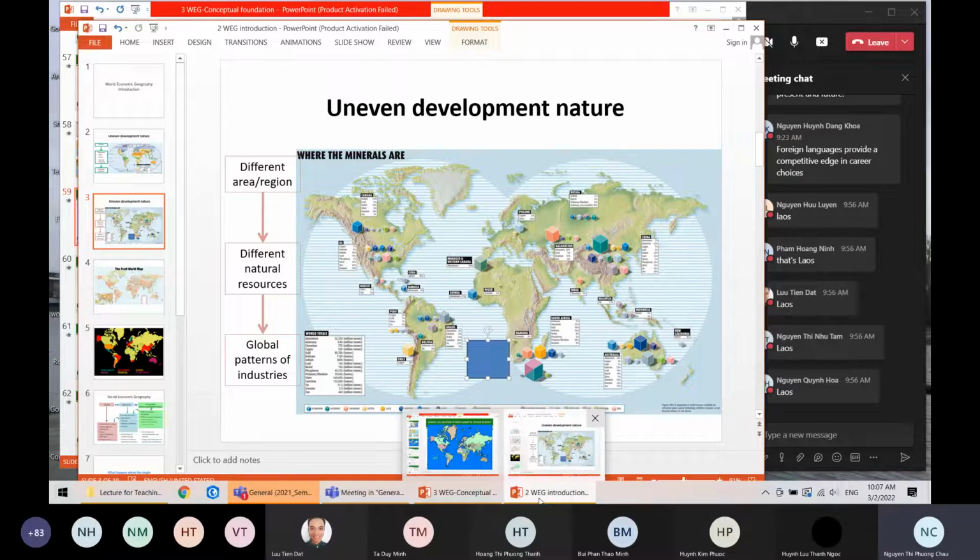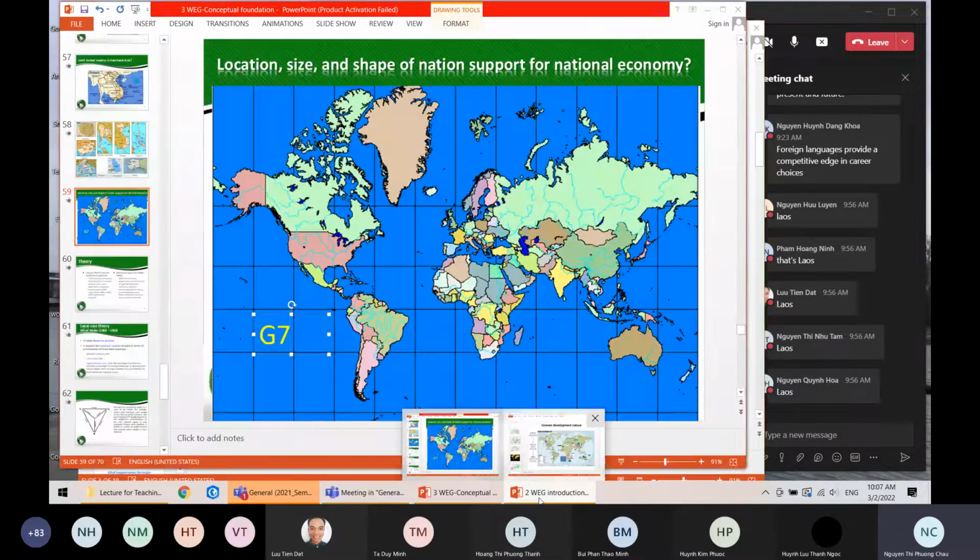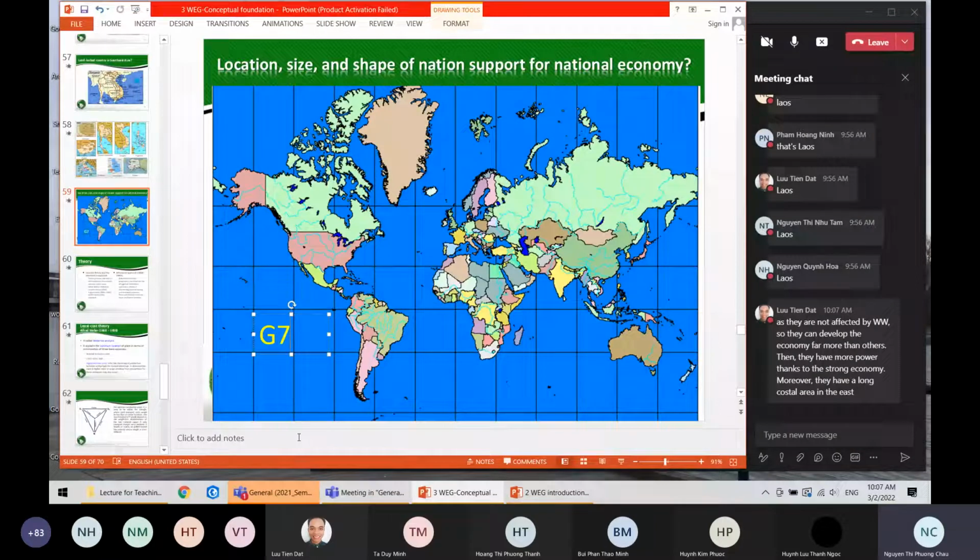The question is, is there any absolute location of the United States that supports it in having the strongest military in the world, not only the strongest economy?